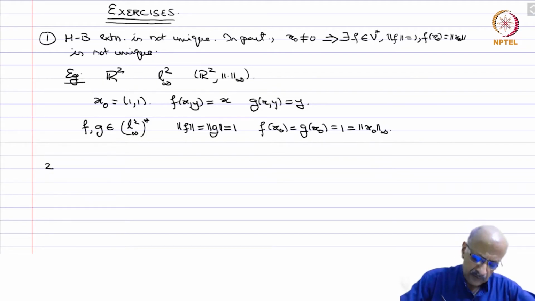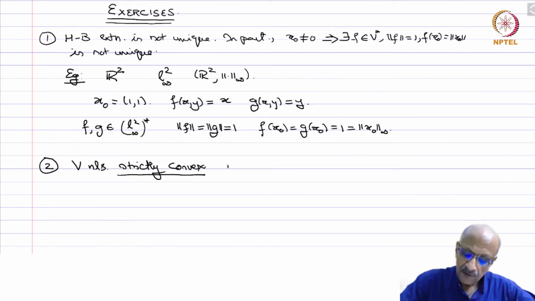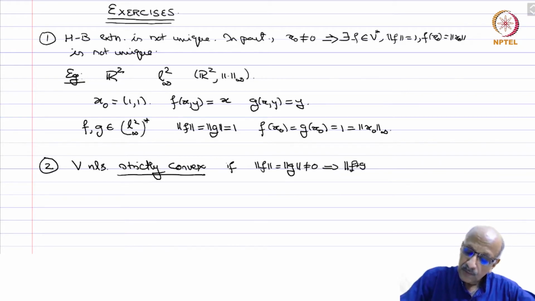So now when can we say something is unique? That is the next exercise. We say a normed linear space V is strictly convex if norm f equal to norm g not equal to 0, of course, implies norm of (f plus g) by 2 is strictly less than norm f equal to norm g.